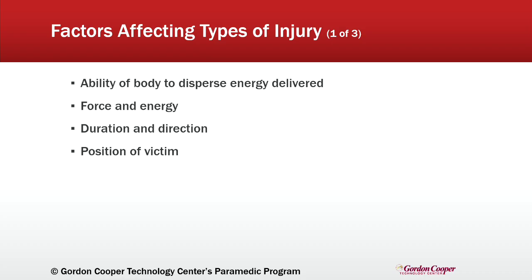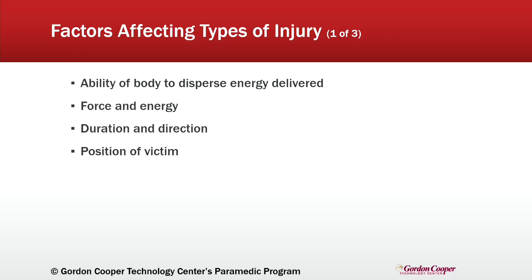As for the factors that affect the type of injury our patients might have, there are going to be different types of injuries that we'll see. It's going to depend upon how well their body can absorb or disperse the energy that's involved. External factors such as the amount of force and energy play a major role in determining the injury patterns.